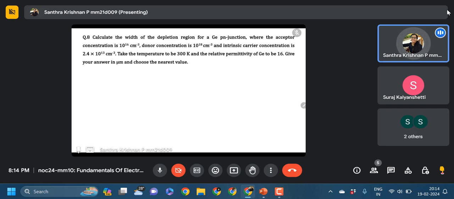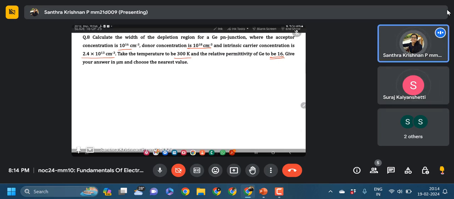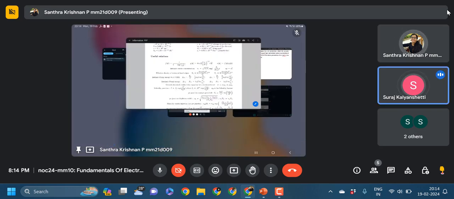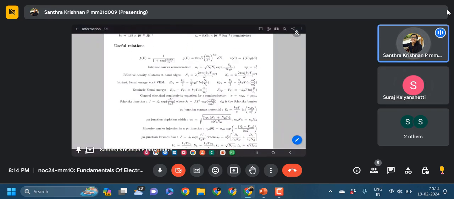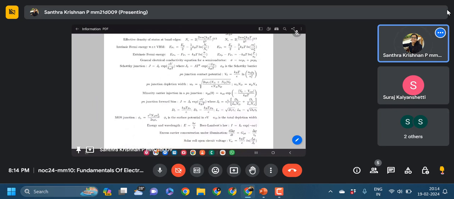Next is the width of the depletion region. Calculate the width of depletion region for a PN junction. Acceptor concentration is given, donor concentration is given, intrinsic carrier concentration is given, and temperature is given. Relative permittivity is 1.6. So we go back to the equation sheet, and the depletion width is there.